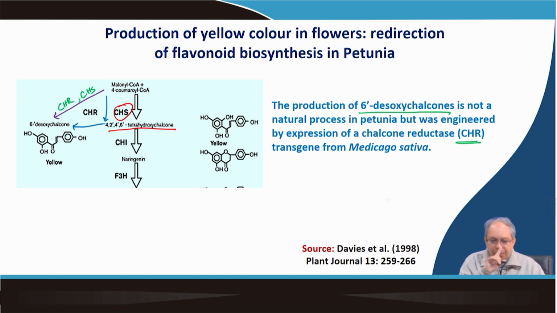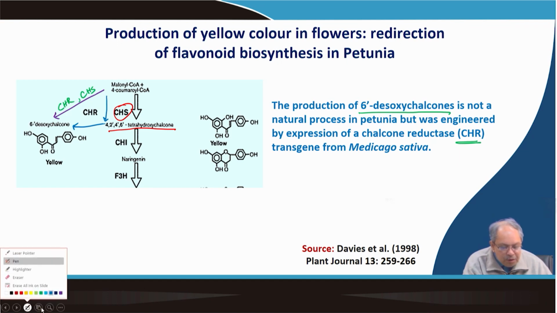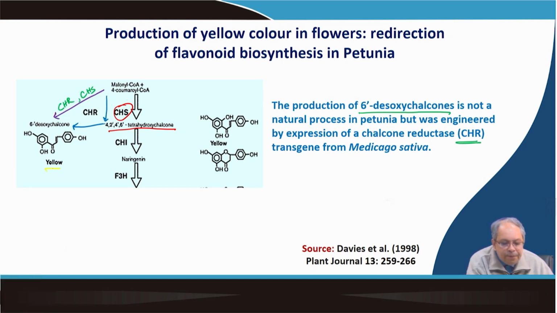And the beauty is this is a new compound and it is unnatural. So, the petunia cells cannot metabolize it further. So, it started accumulating. Once it started accumulating, what will you see? You will see the accumulation of yellow coloration.